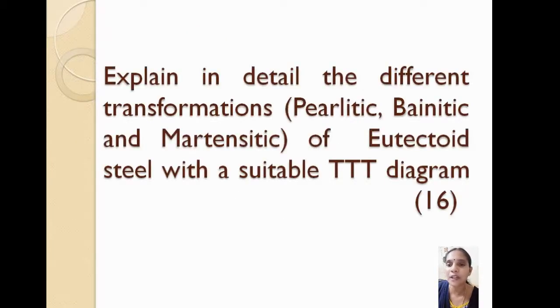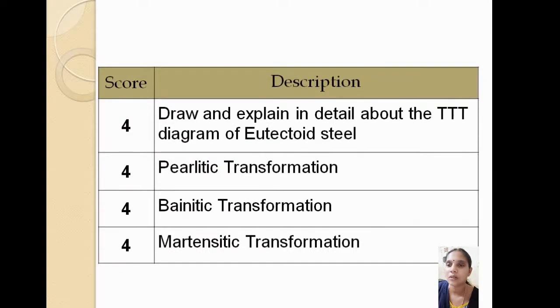One of the oft repeated questions that have appeared in the university exam question paper is: explain in detail the different transformations, pearlitic, bainitic and martensitic, of eutectoid steel with a suitable TTT diagram. So, this is the rubric or the blueprint based on which this question will be evaluated.